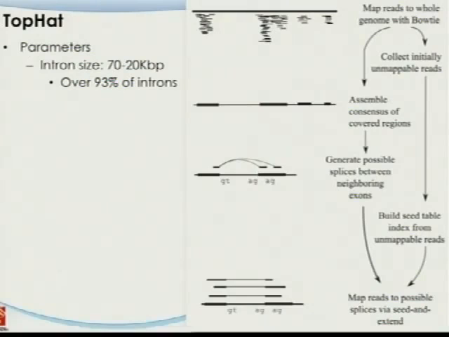Okay, so this is TopHat. Let me quickly go through it, and actually it's very straightforward. What you do is map your reads to the whole genome with Bowtie, and then this is your result. You see the clusters, and the next step is you assemble these. Align the reads here, and assemble the consensus of covered regions. So basically, you want to see these regions are enriched with your reads, and those are potentially the exon regions, right?